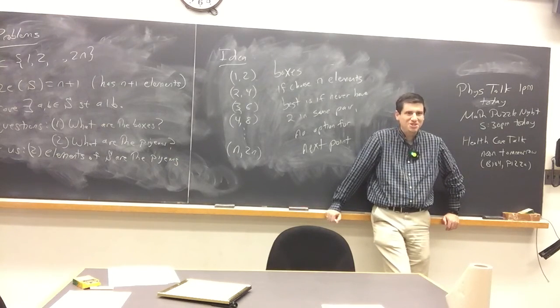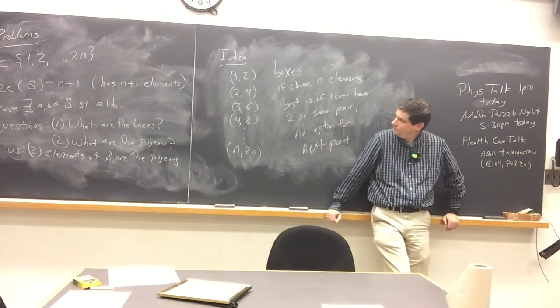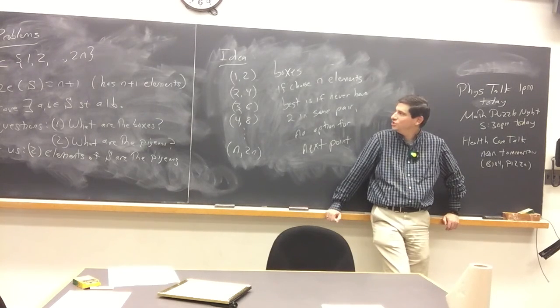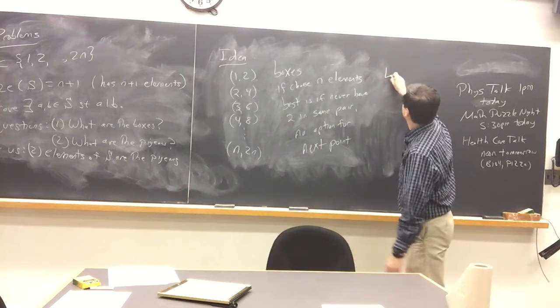So how did you come up with these as the boxes? There's a problem, because not all elements are in the boxes. So we have n boxes. So here's the problem, right? Which elements aren't in the boxes? All odd numbers.